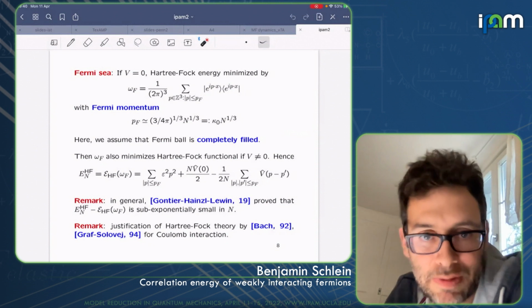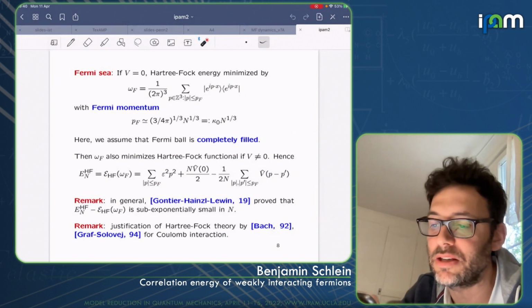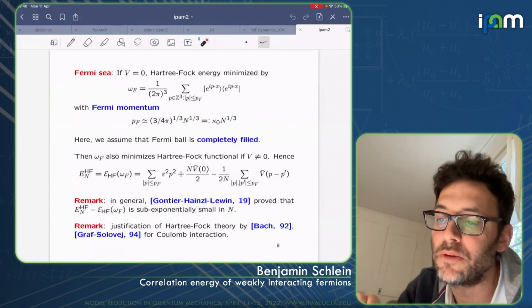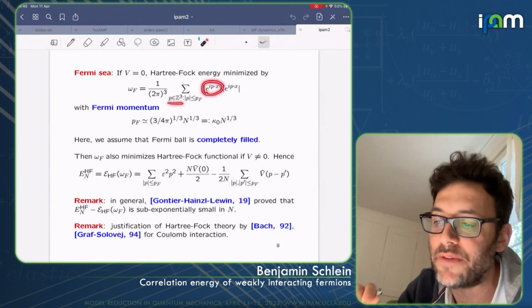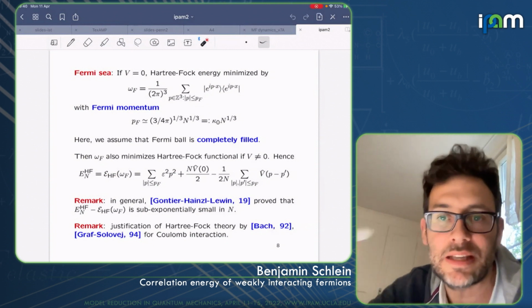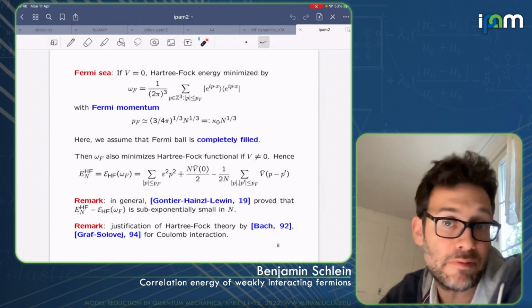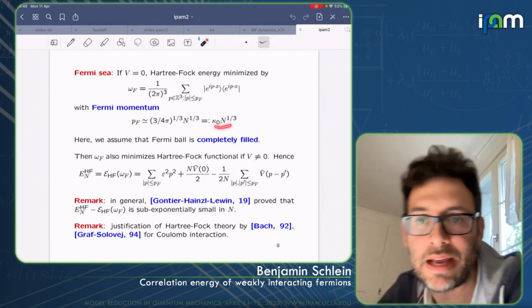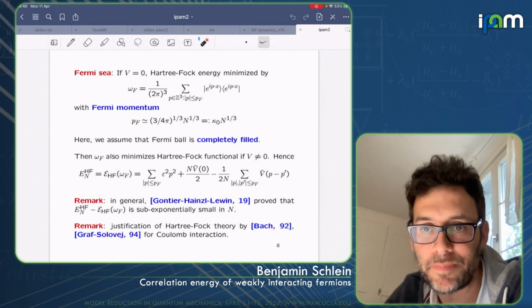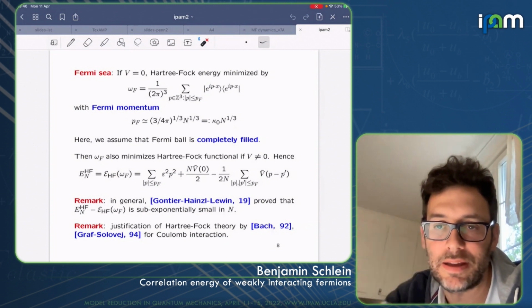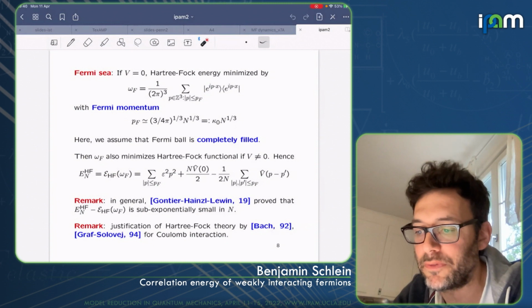This construction is what is called the Fermi sea, and you see it here. So in this case, for the Slater determinant, you put a particle on all momentum states, on all plane waves, with momentum smaller than some Fermi momentum p_F. Since we need to have N states and we are in three dimensions, the Fermi radius is going to be proportional to N to the 1/3. To simplify our life, we are going to assume that the shell is completely filled.